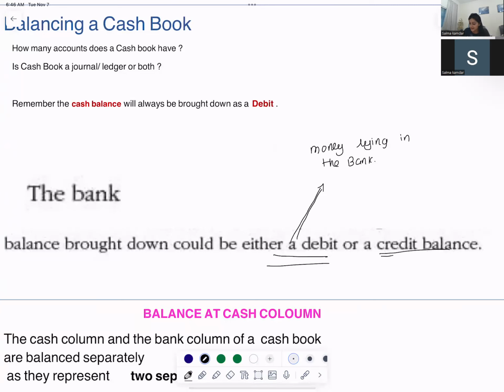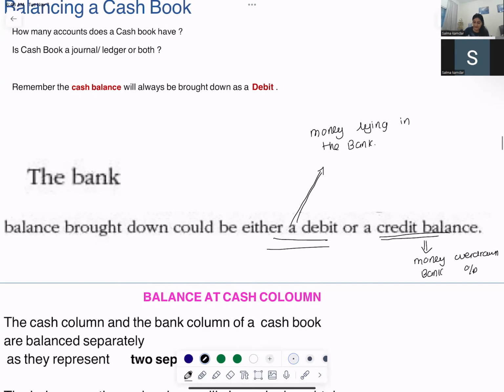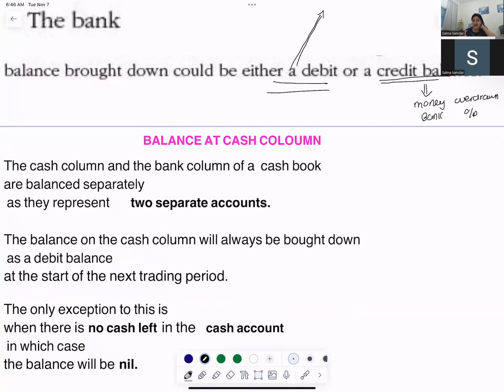A credit balance in the bank account represents money overdrawn from the bank, or we could say it is a bank overdraft. Cash column is balanced separately. Bank column is balanced separately because they are two separate accounts.